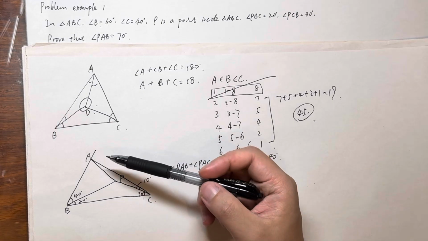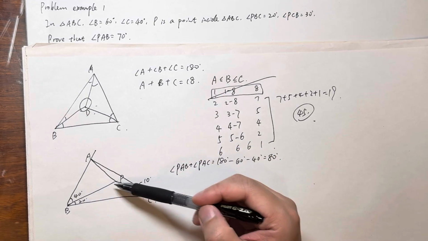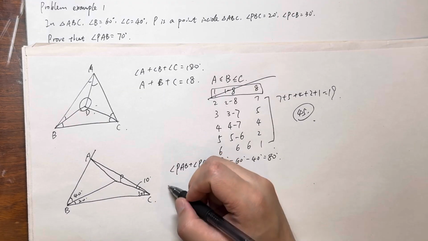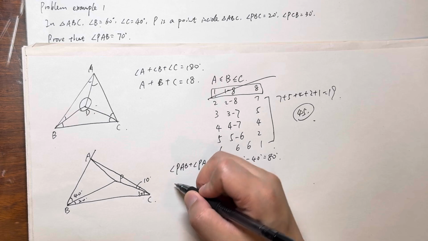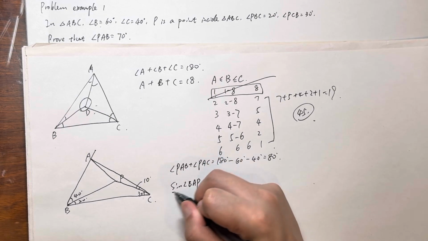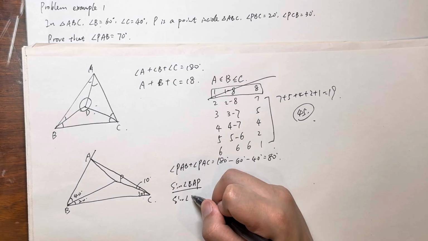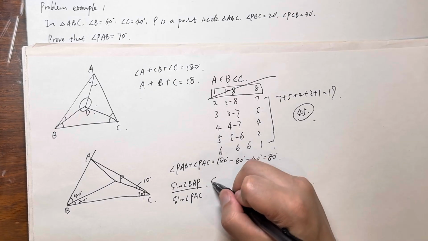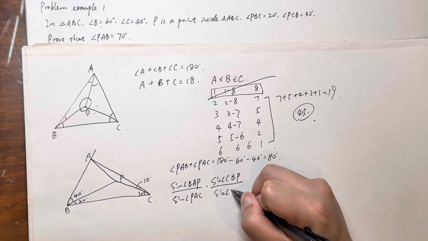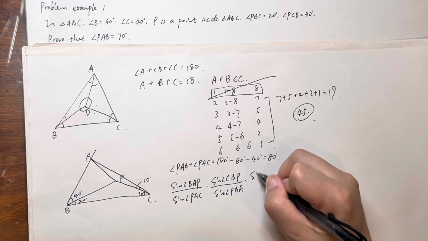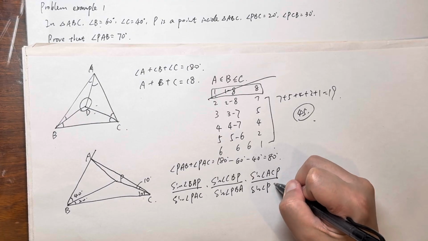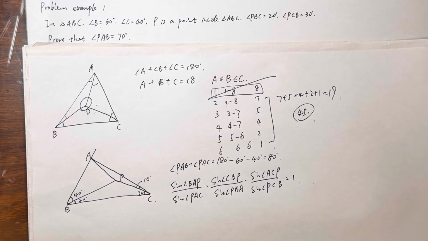Because AP, BP, CP are concurrent at point P. So we can directly write Ceva's theorem in angle form, which is sine angle BAP over sine angle PAC, times sine angle CBP over sine angle PBA, times sine angle ACP over sine angle PCB, equals 1.